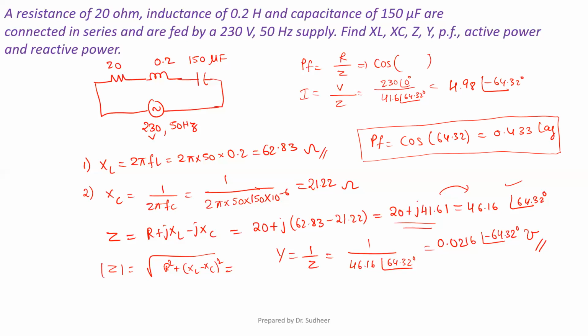Okay. What is active power and what is reactive power? Active power is equal to V I cos theta. What is V RMS? 230. What is I RMS? 4.98. And cos of 64.32.